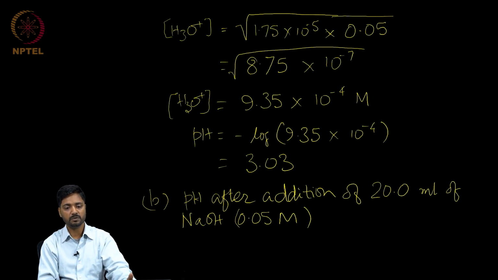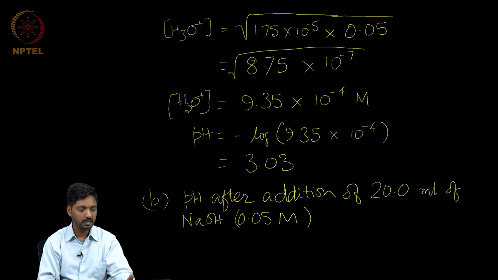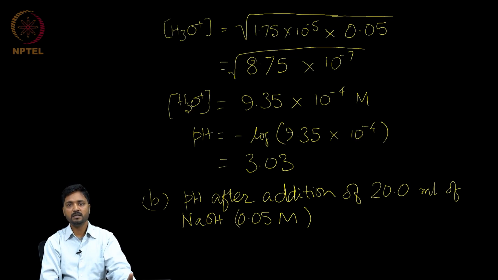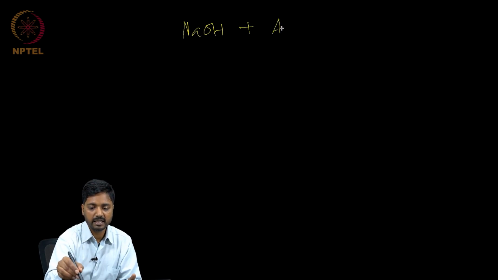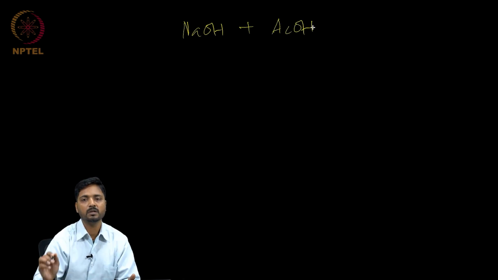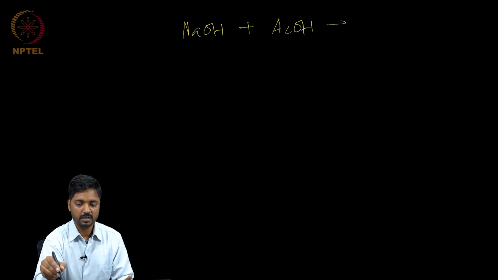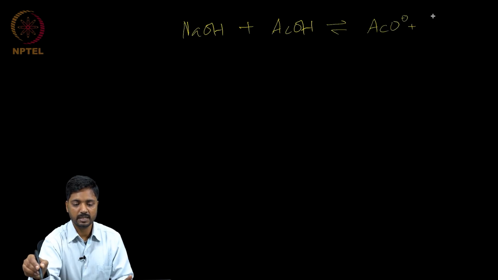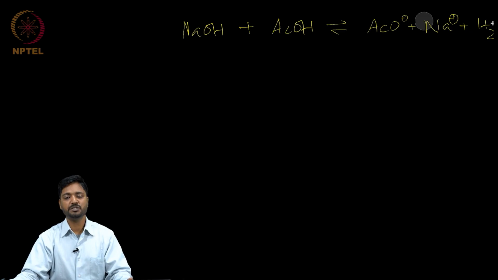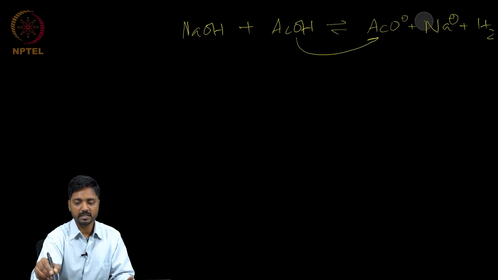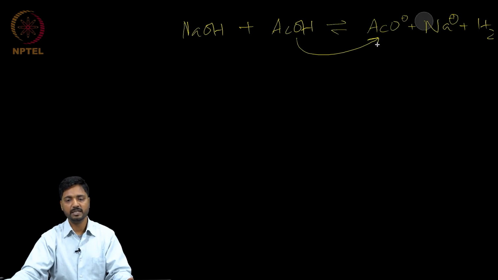So, what we need to consider is the following: sodium hydroxide, being a strong base, will react in a stoichiometric amount with the acetic acid and convert it into acetate anion, sodium ions and water. Sodium hydroxide addition will convert acetic acid into acetate anions.